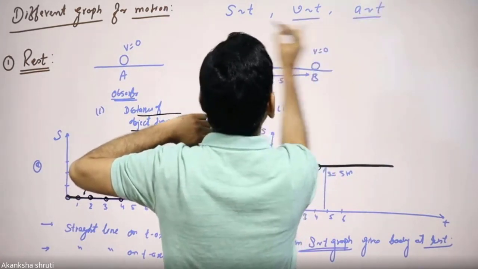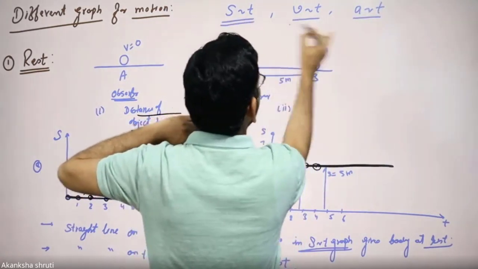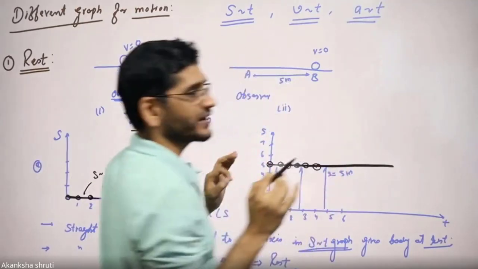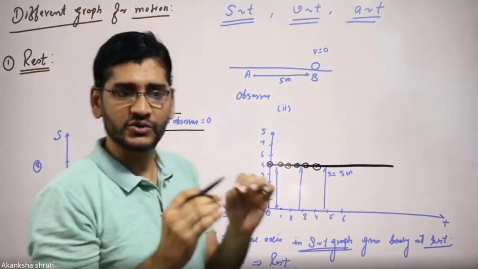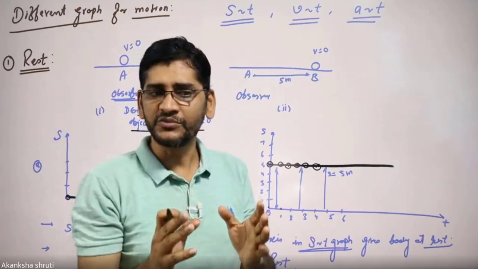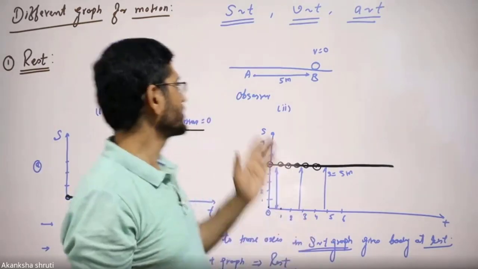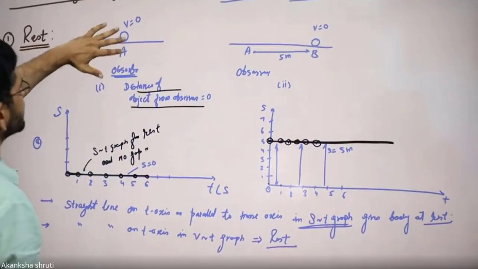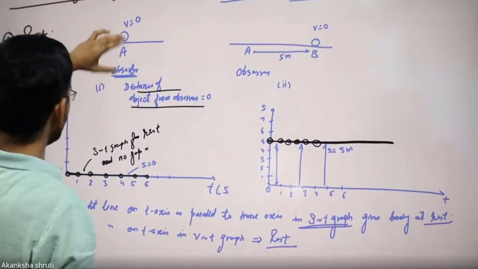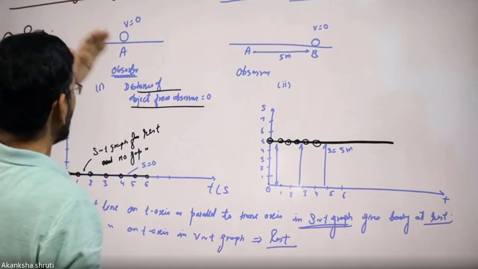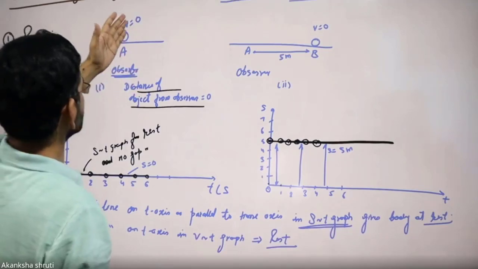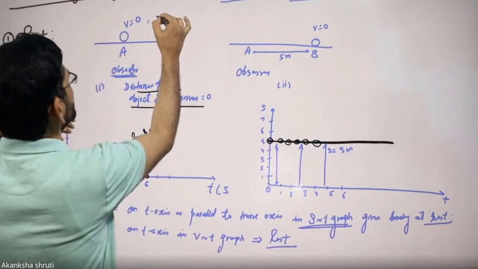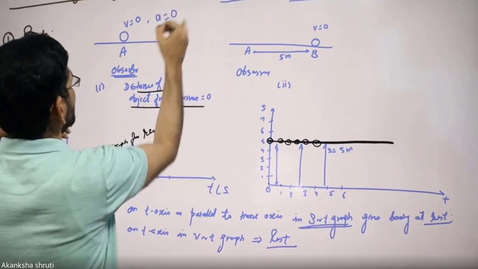These are the 3 types of graph that we can draw for each kind of motion: uniform motion, non-uniform motion, and a body at rest. If a body is at rest and the observer is at the body itself, then distance is 0, and since the body is at rest, its speed is always 0, and its acceleration is also 0.